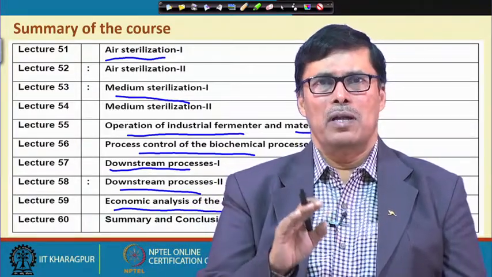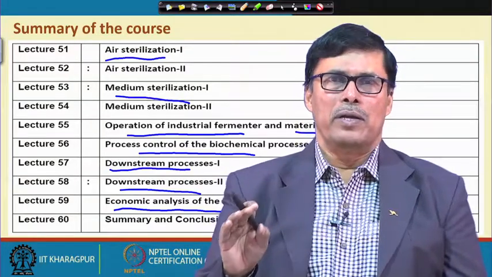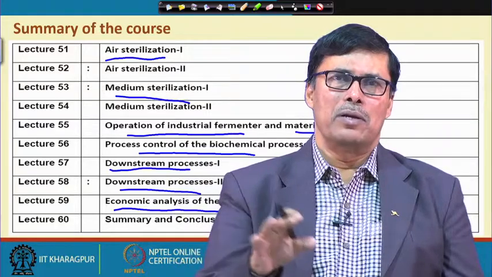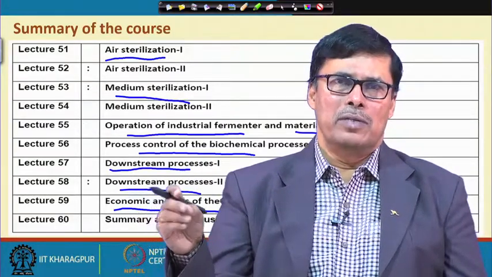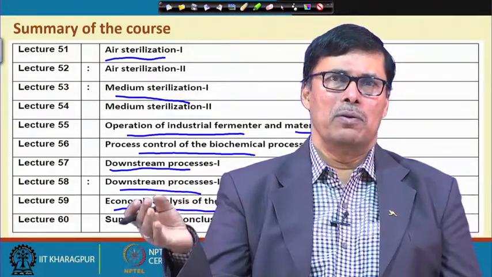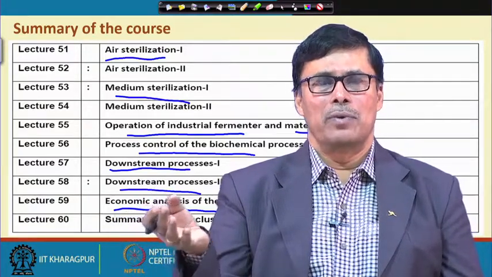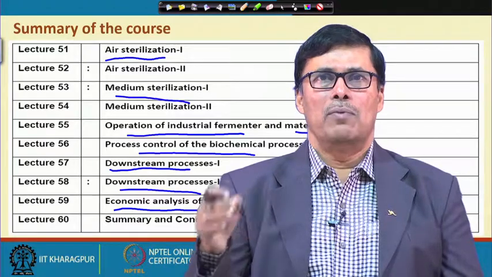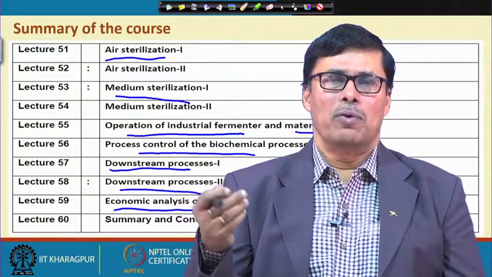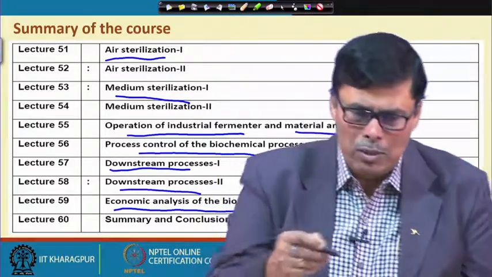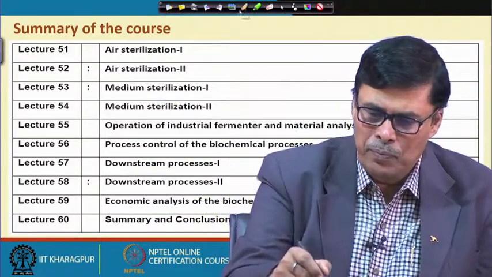How you calculate the fixed expenditure and the operating expenditure, we compare with the selling of the product, the price revenue we get after selling the product. From that we can calculate the profit you gain in a particular industry. So all this information we have given.